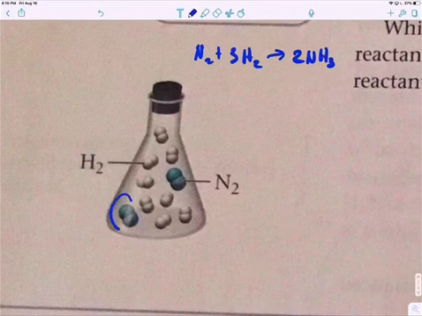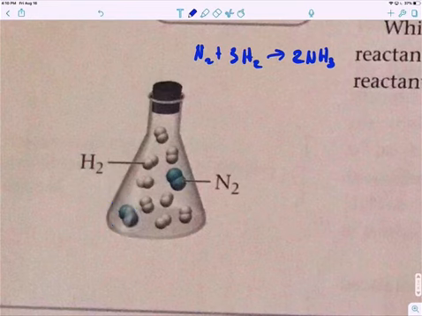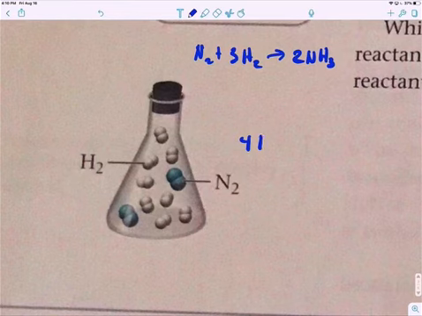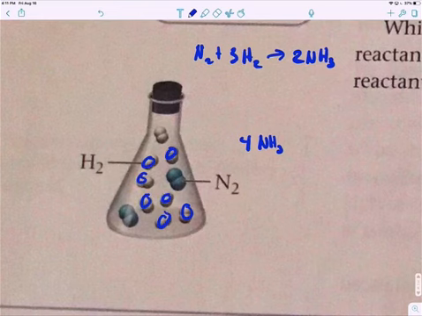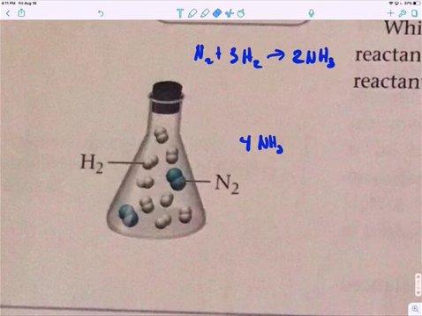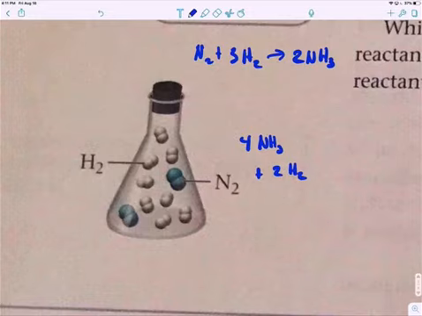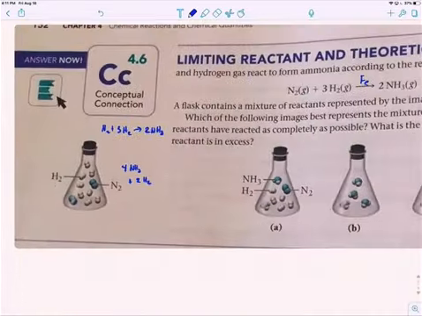Well, you have 2 nitrogens here, which means we're going to have 4 ammonias, and these 2 nitrogens are going to use 6 hydrogens, and we have 1, 2, 3, 4, 5, 6, 7, 8. We have an excess of hydrogens. So we're going to have 4 ammonias, and we're going to have 2 hydrogens left over.